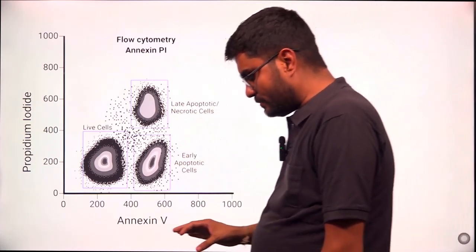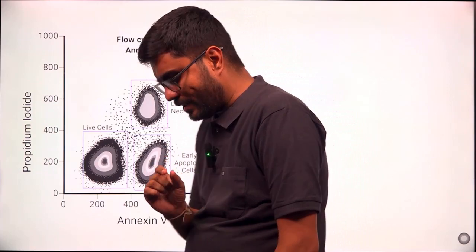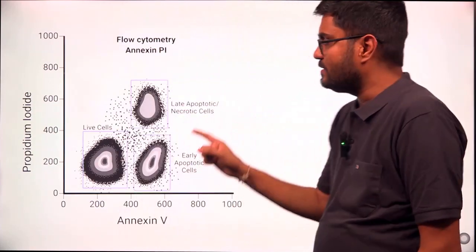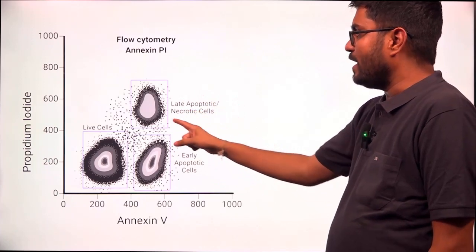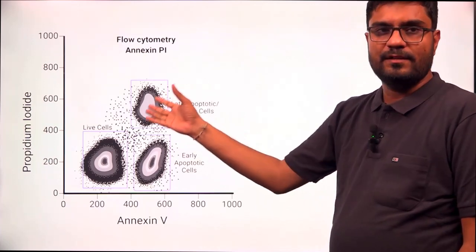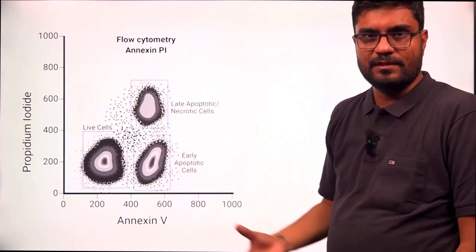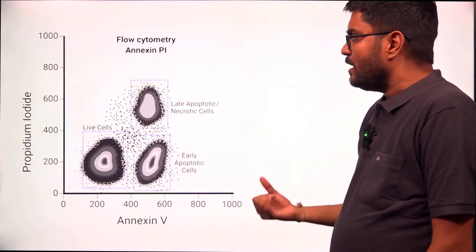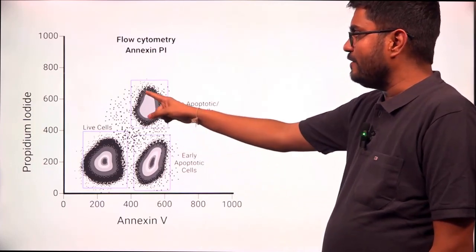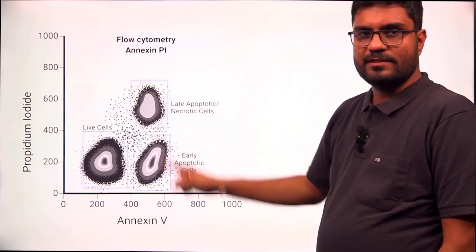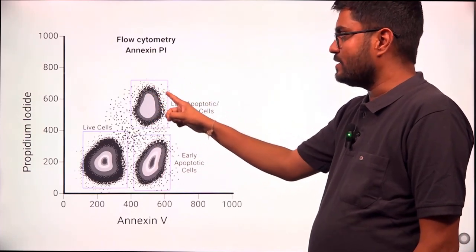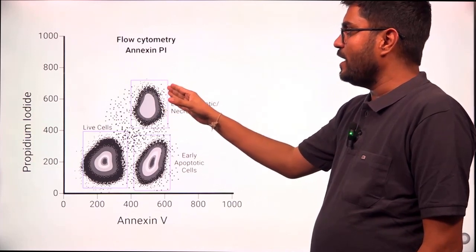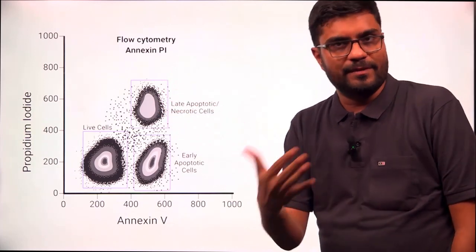Here there is a small confusion. Some people don't understand why this population also contains necrotic cells. The answer is simple: if Annexin-5 is binding to these cells and propidium iodide is also binding, it means propidium iodide positive cells are permeable.